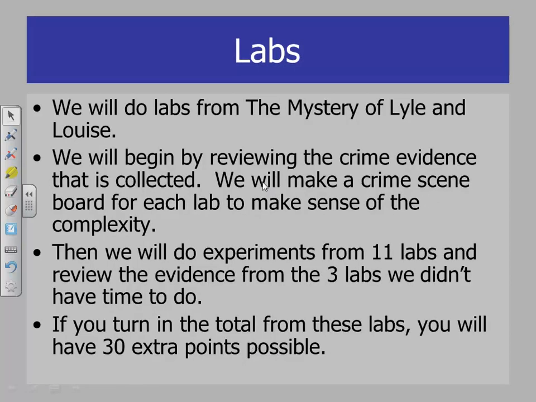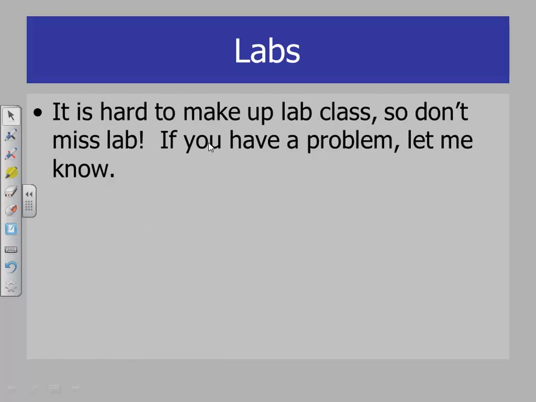As I said, we're going to start with crime evidence that's collected and make a crime board. If you do the extra work for all the labs, you get a little extra chance. It is hard to make up a missing lab.